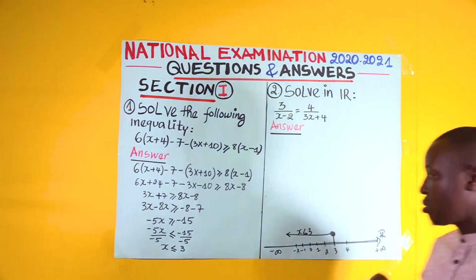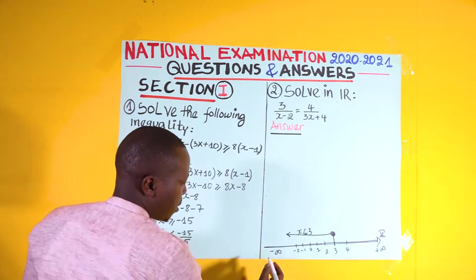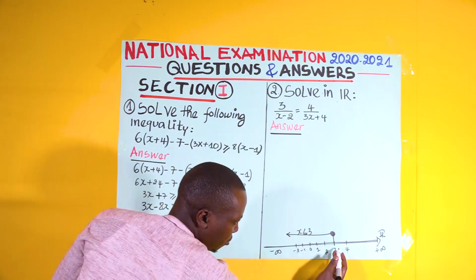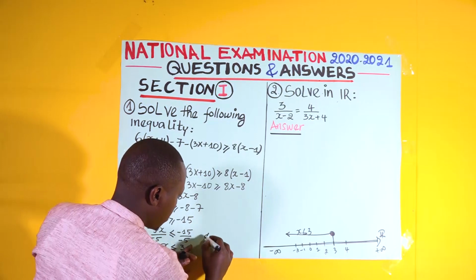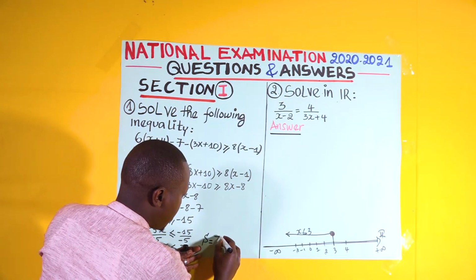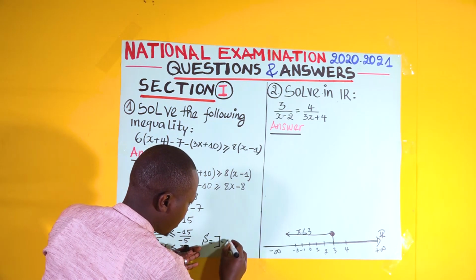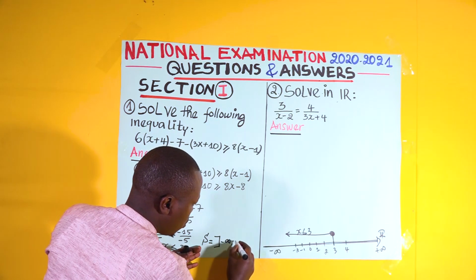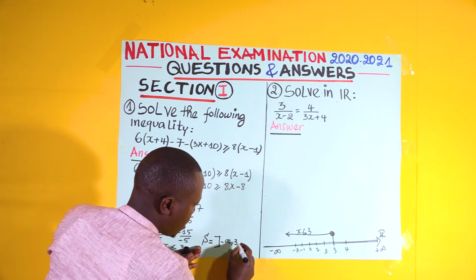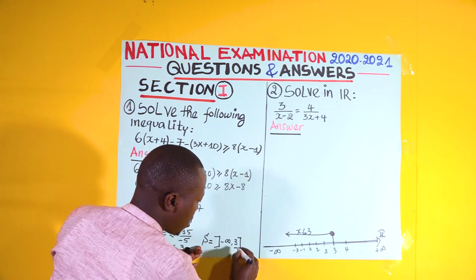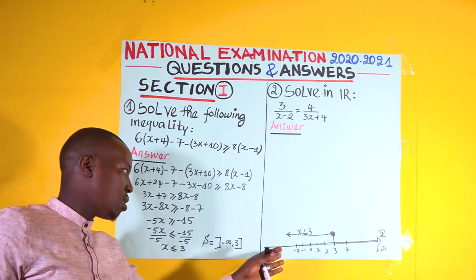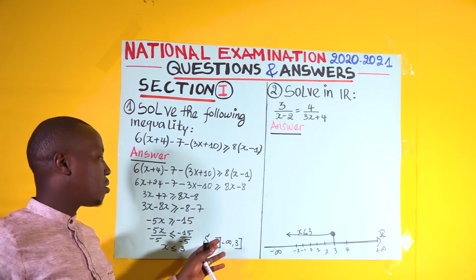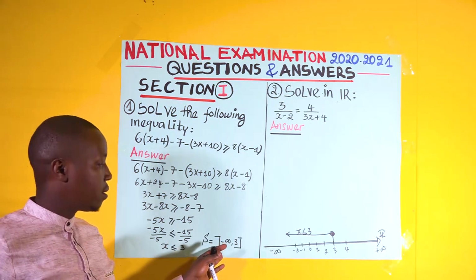So when we write the solution set, we start from negative infinity up to 3 because these are numbers that are less than 3. The solution set is numbers that start from negative infinity to 3. 3 is also included as part of the solution. We do it like this. If it's not included, we do it like this. So here it is never closed, it is always open.